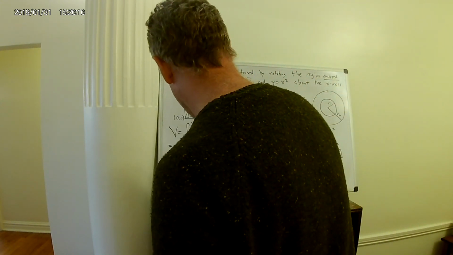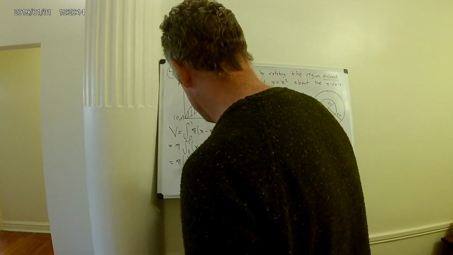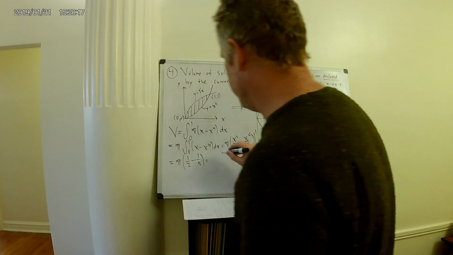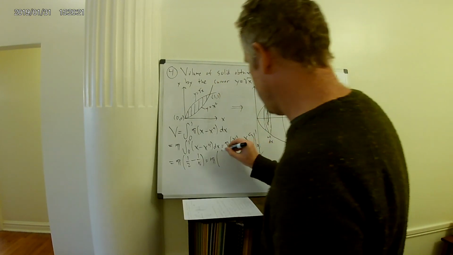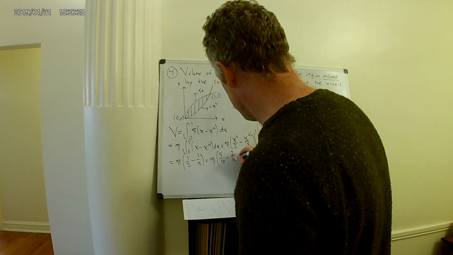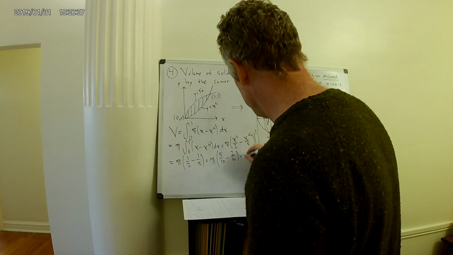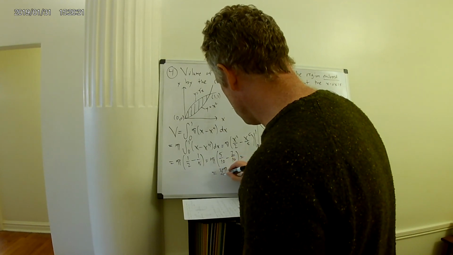So we simply get pi times, if we plug in 1, 1 half minus 1 fifth. And now we can find a common denominator. The common denominator is 10. This is 5 over 10 minus 2 over 10. Okay, and this simply equals 3 pi over 10.